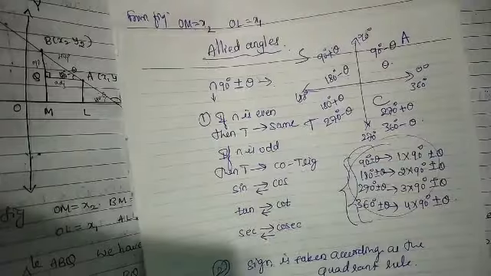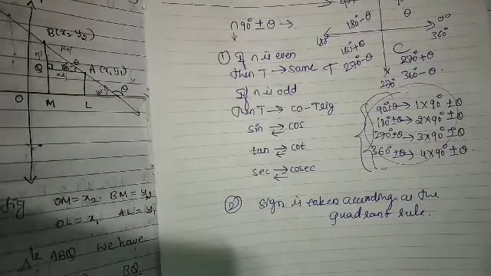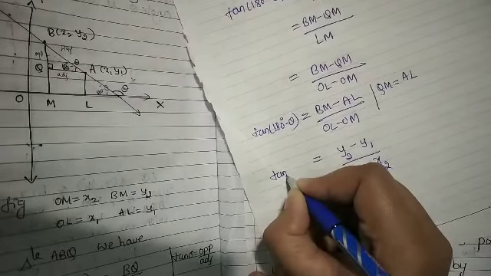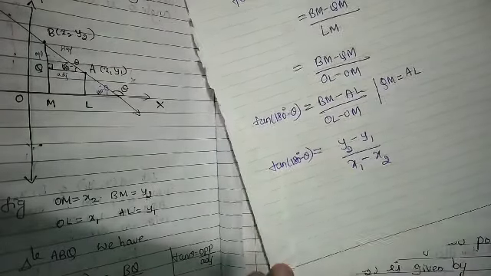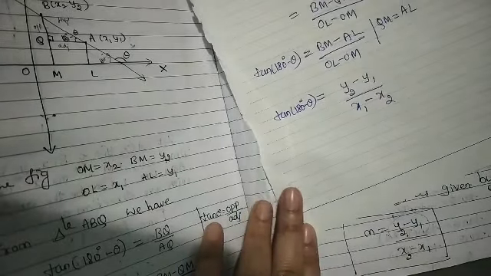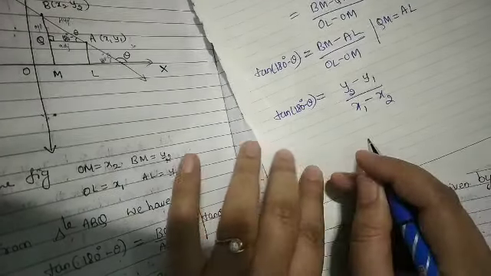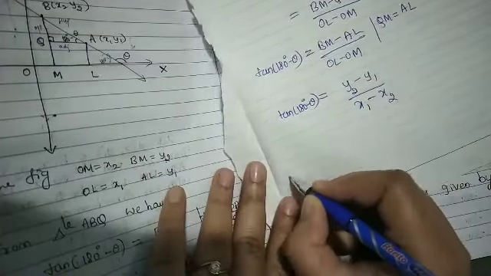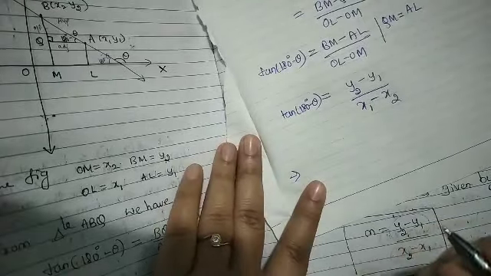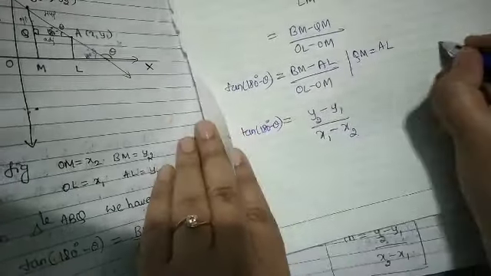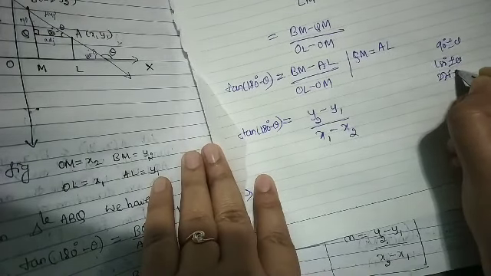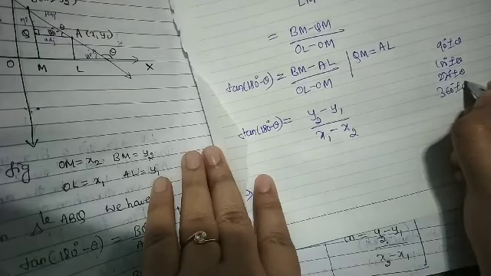Why am I telling you this? Because here, on the left side, we have tan of 180 degree minus theta. So apply the properties or conditions of allied angles. To apply the allied angle conditions, what do you do first? We know these angles: 90 degree plus or minus theta, 180 degree plus or minus theta, 270 degree plus or minus theta, 360 degree plus or minus theta.